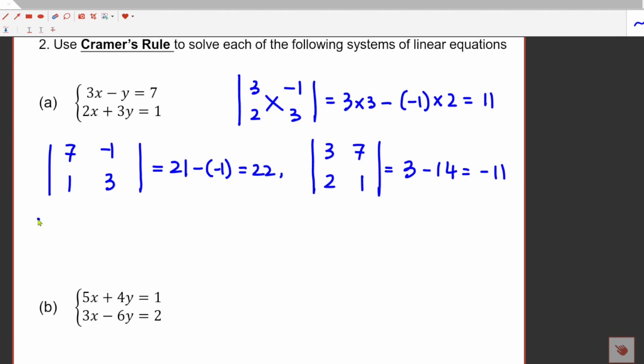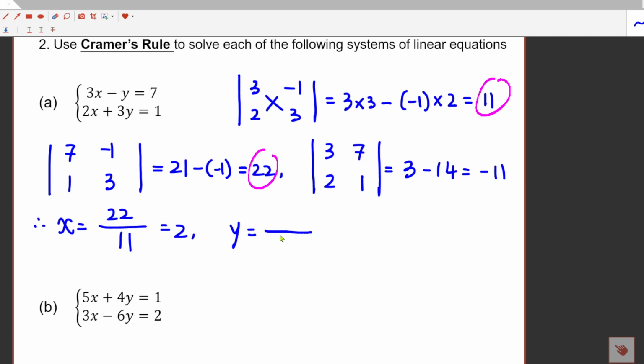And therefore we know x equals, remember this number here, our determinant, is the denominator. So we put 11 here, and for x, the numerator is 22. And x equals 2. Of course y equals, the denominator is the same, which is 11, and this is the numerator for y, for the second variable.